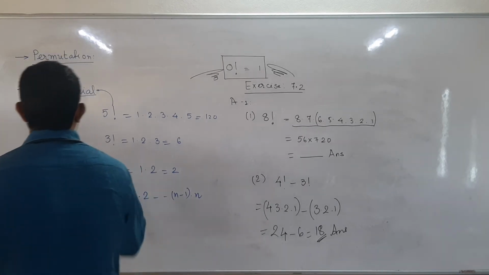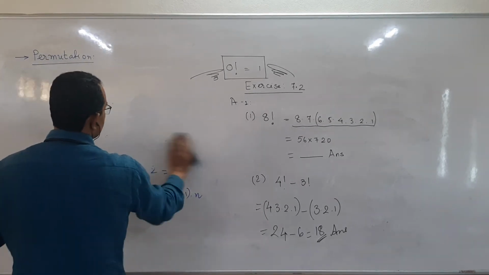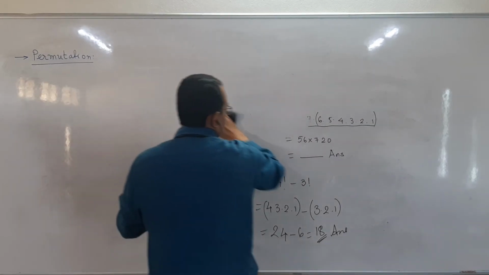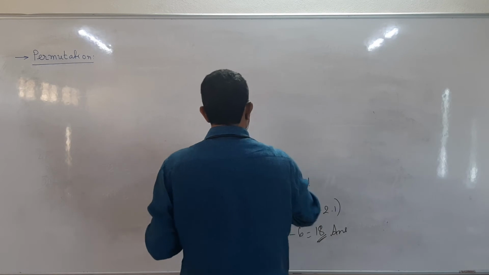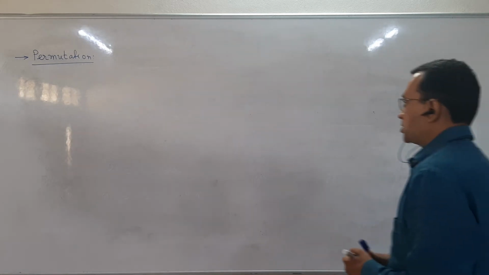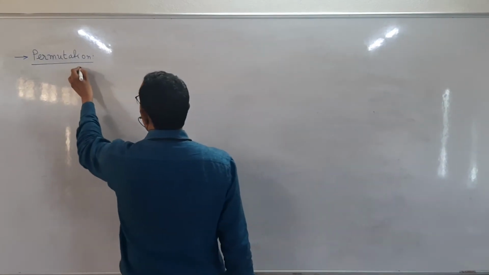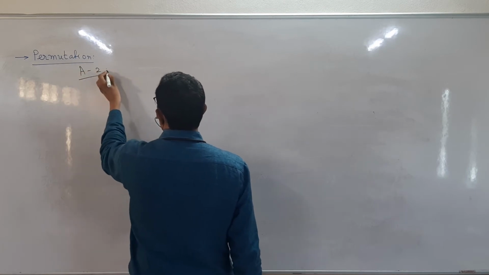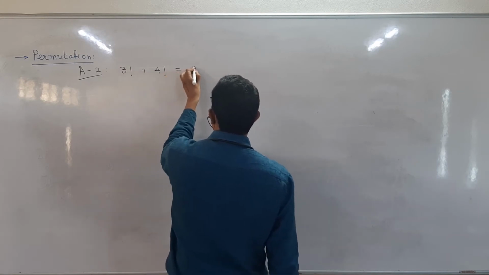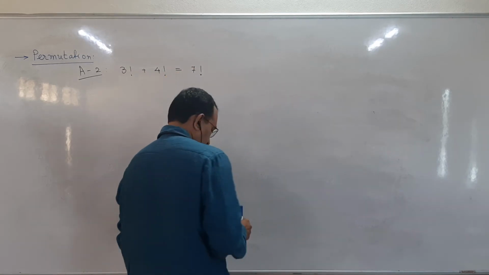Okay, students, next concept is to do question 2. Remember, we have an exception that 0 factorial, students, is always equal to 1. Now, in the second sum, verify that 3 factorial plus 4 factorial is 7 factorial or not. Is this true or not?